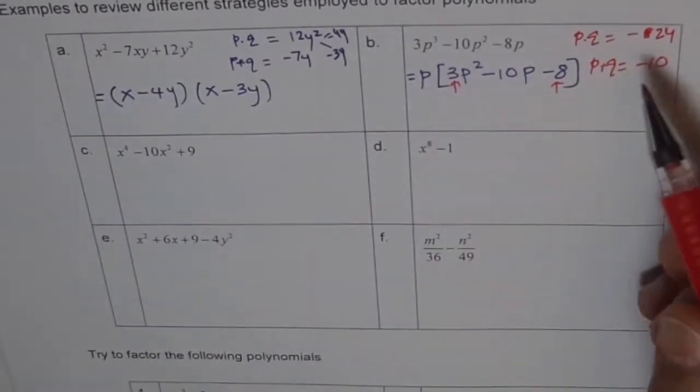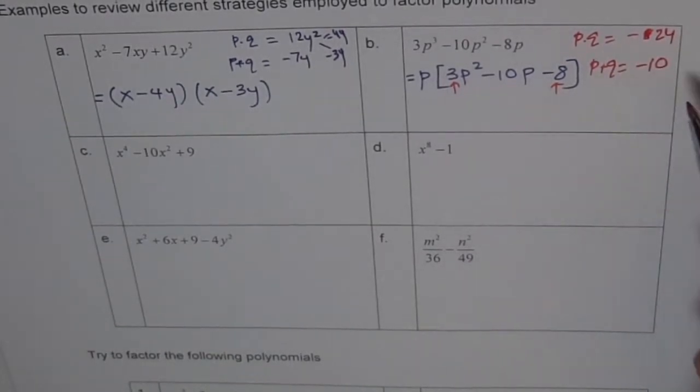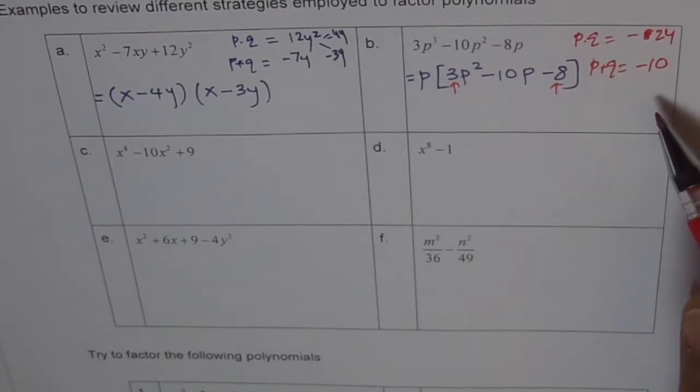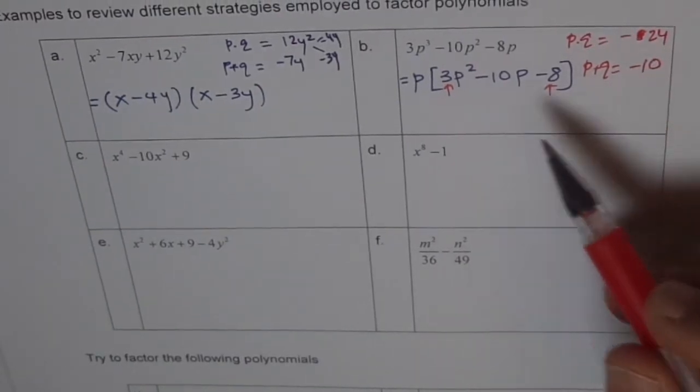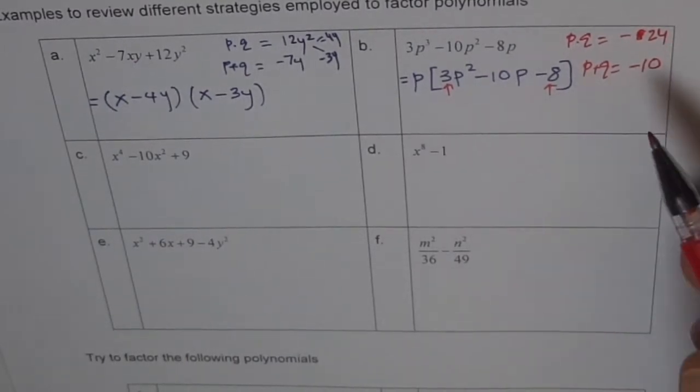Yes, minus 24, and the sum should be the middle number, minus 10. So what two numbers can do the magic for us? 6 and 4? Correct? No, 6 and 4 won't work. So we need numbers like 12 and 2, and the bigger number should be negative because we want this.